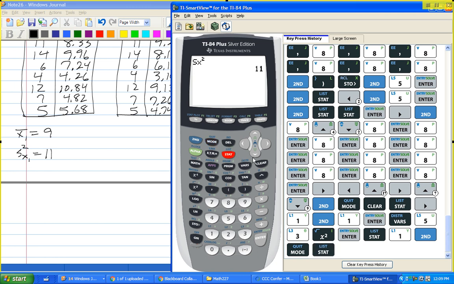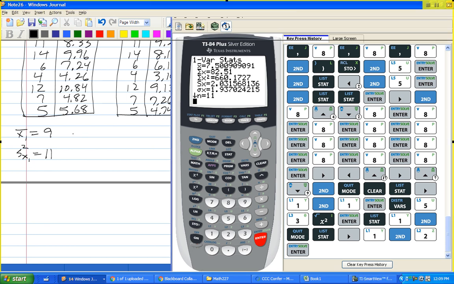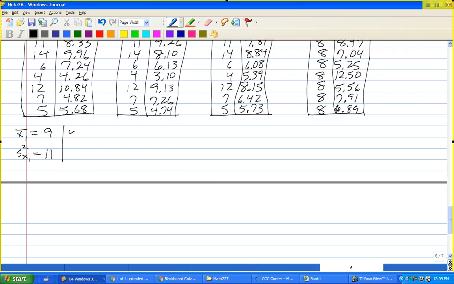Okay, so one-var stats, L2. I get 7.09... okay, 7.5. So y1 bar, the mean, was 7.5, 0.9 with a whole bunch of 0.9s repeated. I'll just make it shorter.